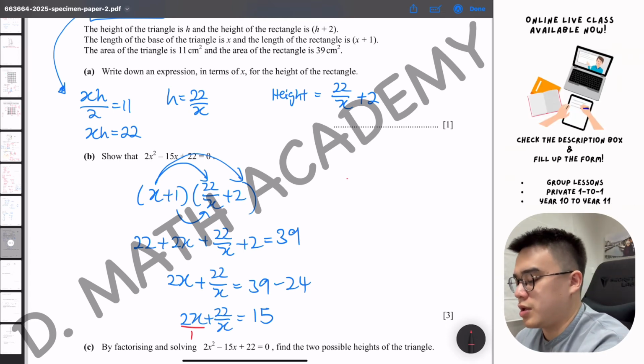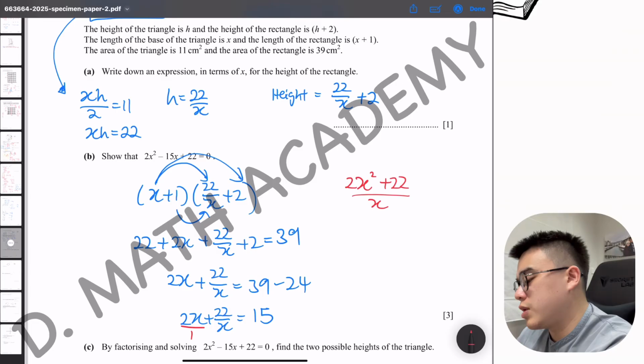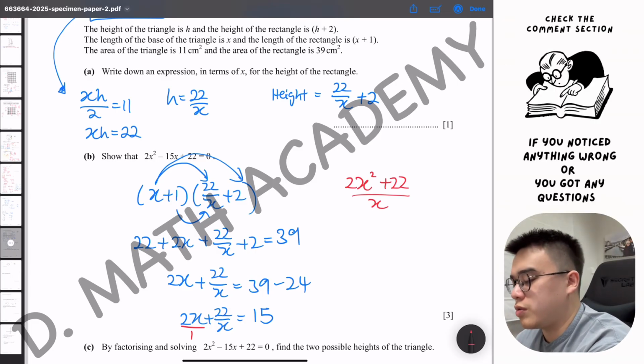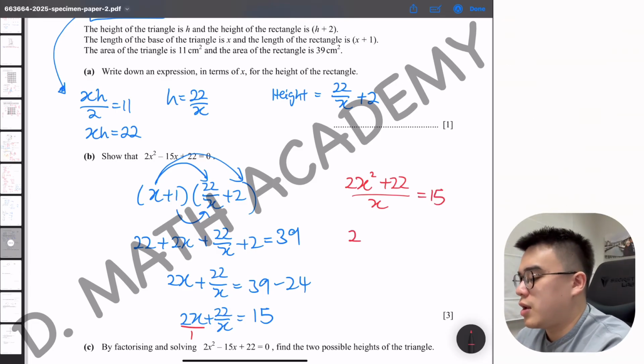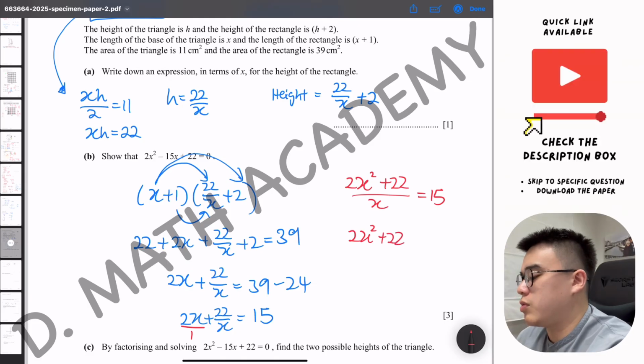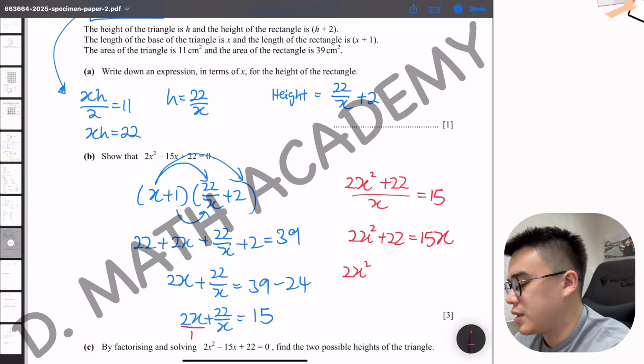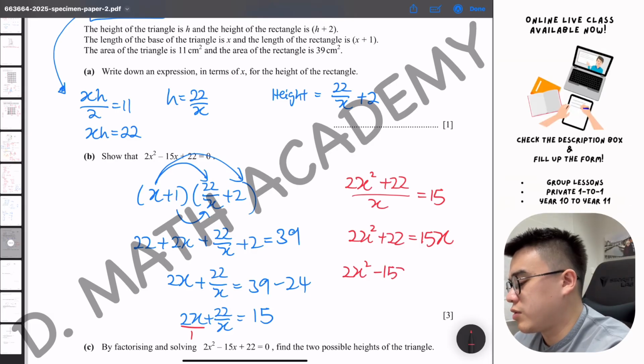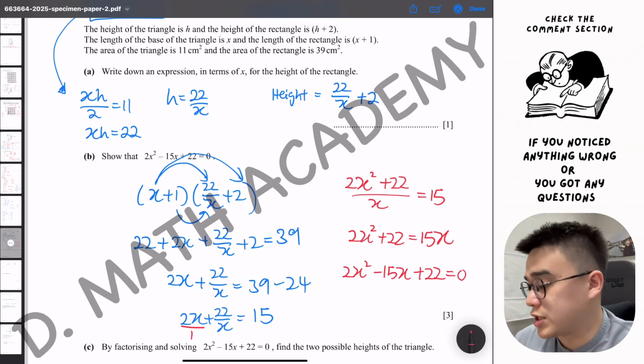So when you multiply it, you will get 2x squared plus 22 equals 15x. Run the final readjustment. After you reorganize everything, this is your final answer.